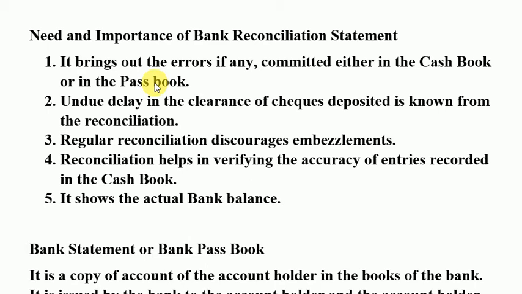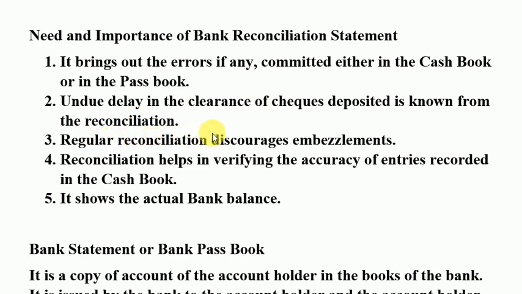This is a good method of locating errors made in the accounting process. Second, undue delay in clearance of checks deposited is known from the reconciliation. We are going to study this point in detail when we move into the topic reasons or causes of differences between balance as per passbook and cash book. And there I'll explain this point, clearance of checks.